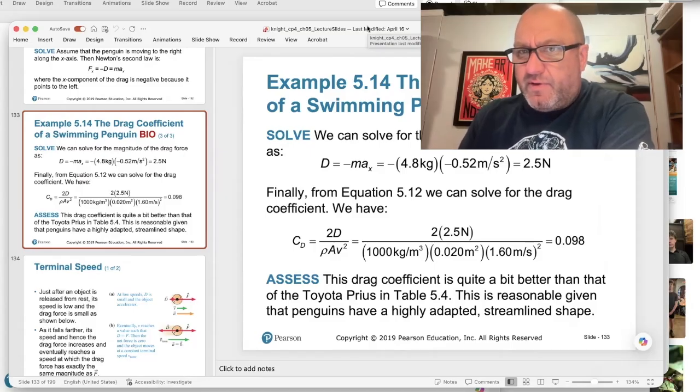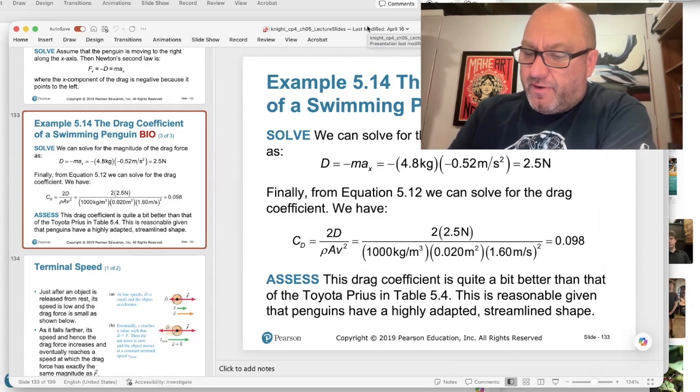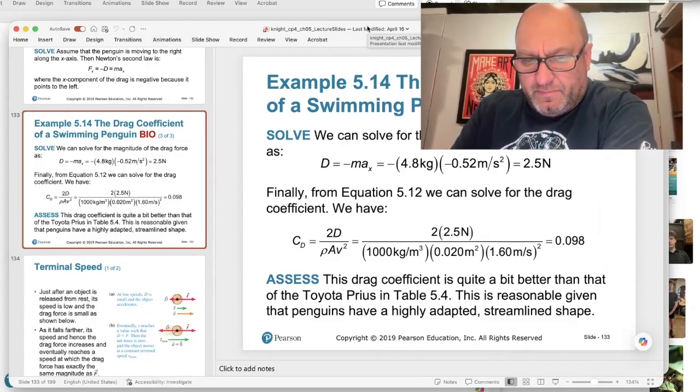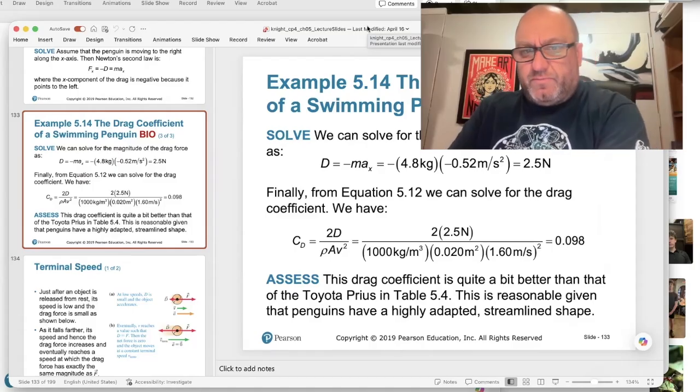We're going to call it D. That's the force of drag, and D is going to equal rho times A times V squared times CD divided by 2.